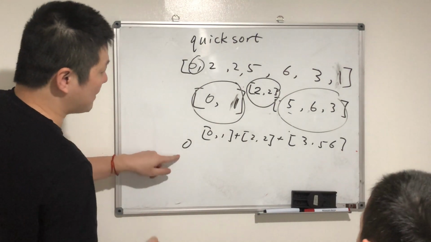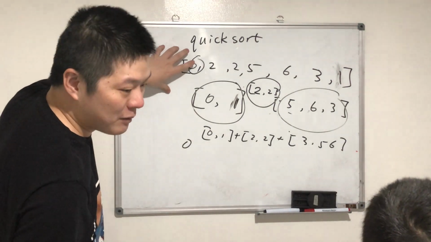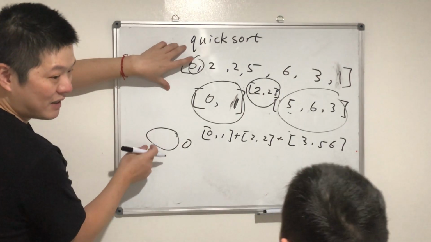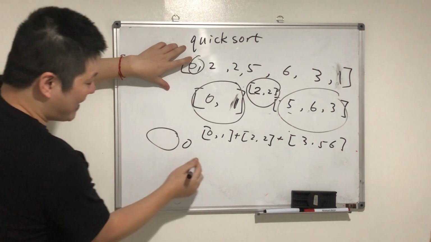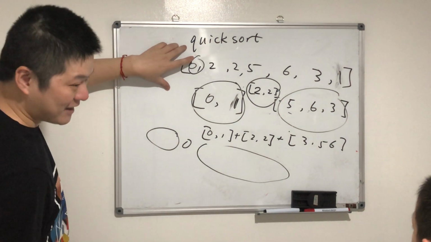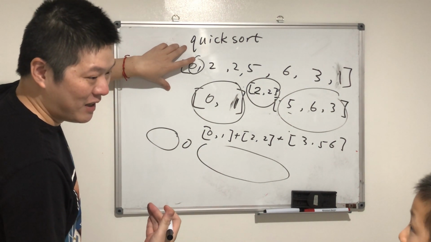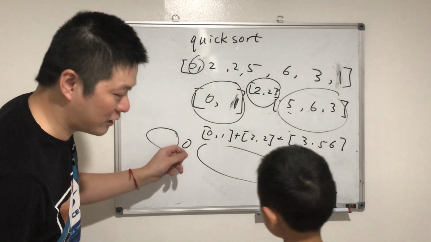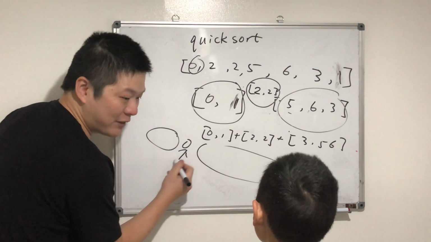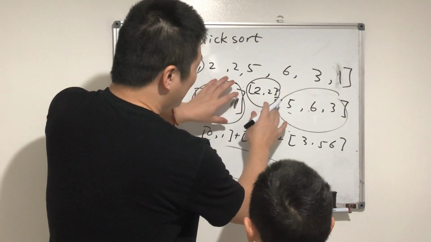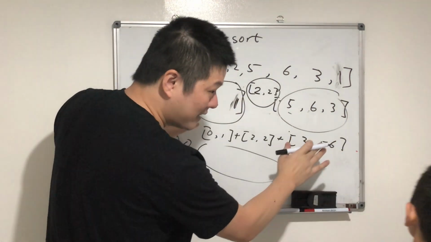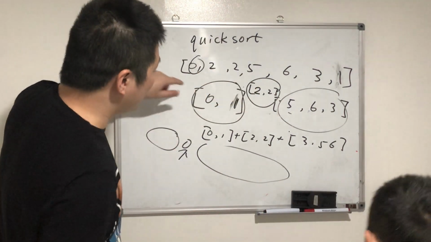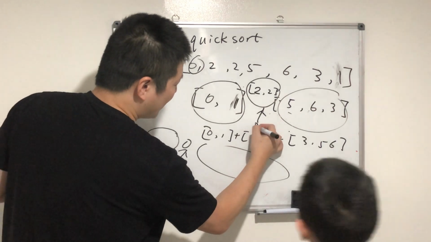There's no number smaller than 0, so this part will be nothing, and all the elements are on the right-hand side. This is not efficient, because every time you just sort one element, that's very slow. But if every time I partition it into 3 parts, it's quicker.